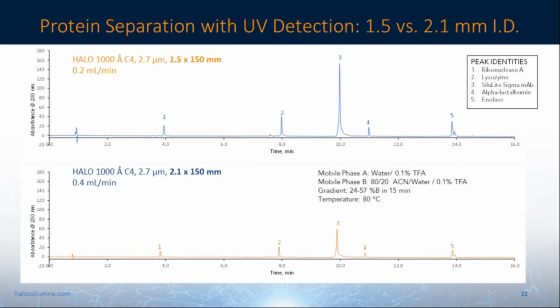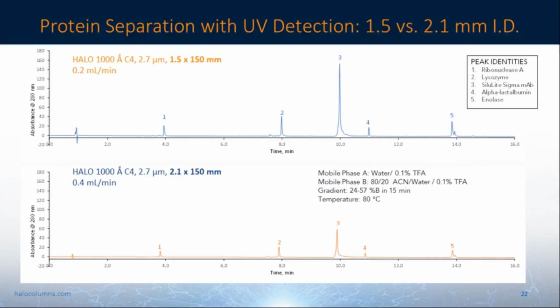So here's a protein separation with UV detection, comparing a Halo 1000 angstrom C4 in 1.5 by 150 millimeter dimension. Those results are on the top in the blue trace, and it was run at 0.2 mL per minute, compared to a Halo 1000 angstrom C4 in 2.1 by 150 millimeter. Those are the results in orange on the bottom trace.